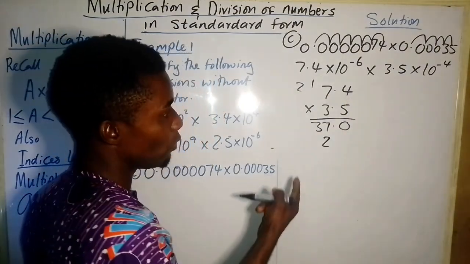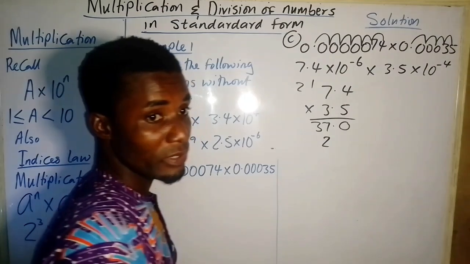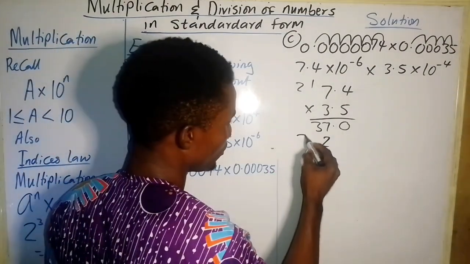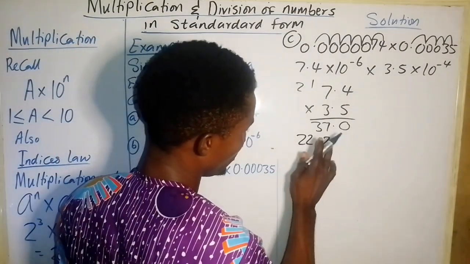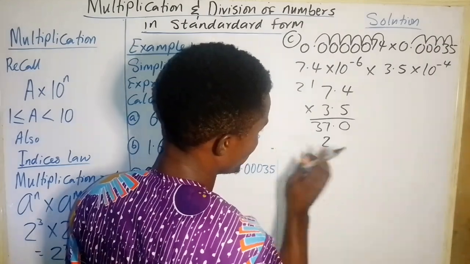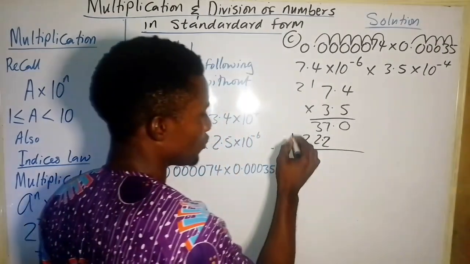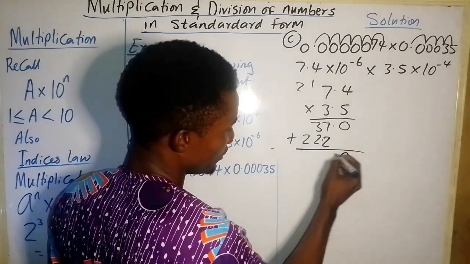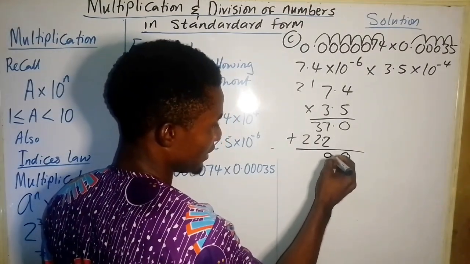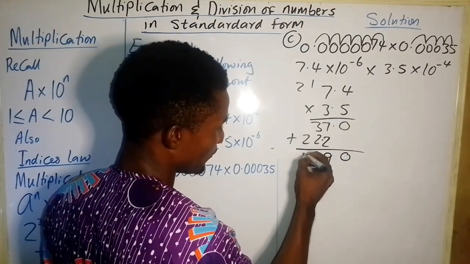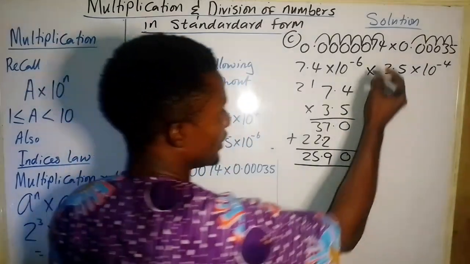You write your 2, you keep your 1. 3 times 7, that's 21 plus 1, that's 22. You put your point. Put our points here. So let's add up the numbers. We have 0. This is 9.52.